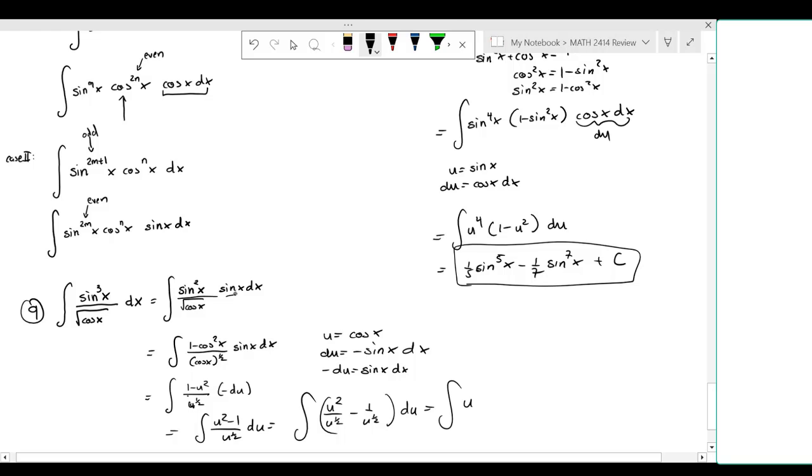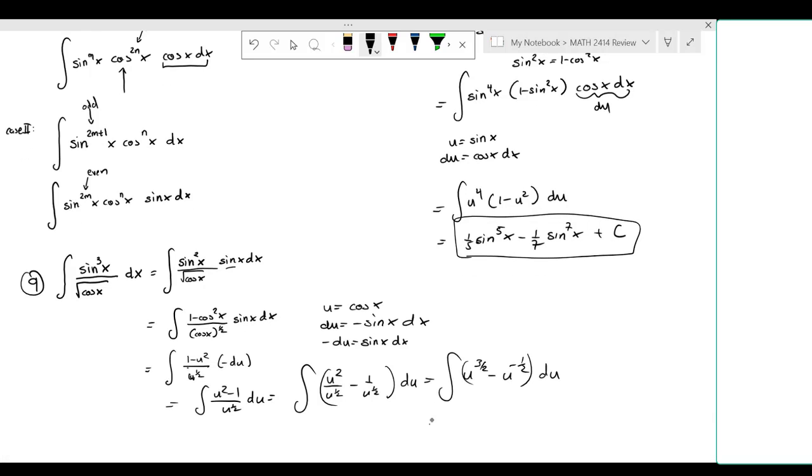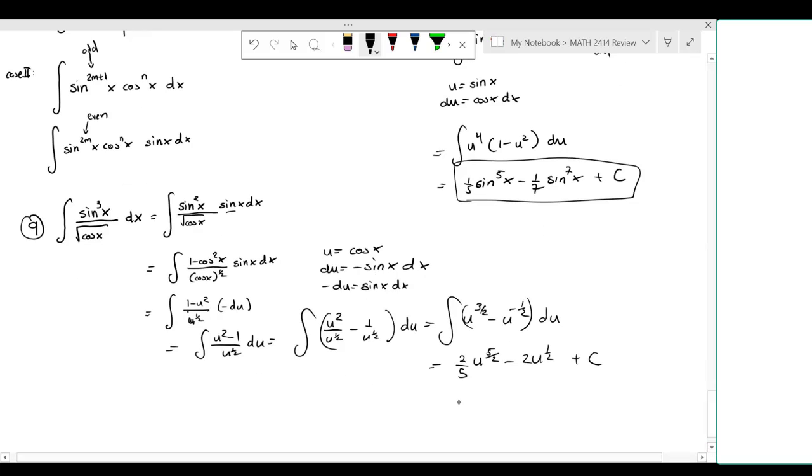So you get u to the 3/2 minus u to the negative half du. And that's just a straightforward power rule for antiderivatives. And whatever this mess is, it is what it is.